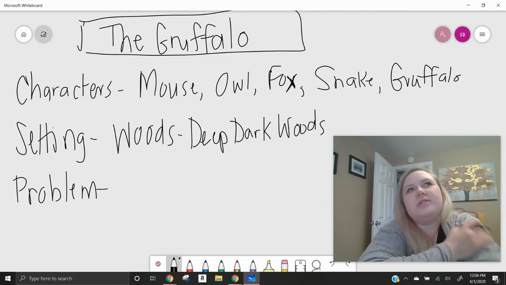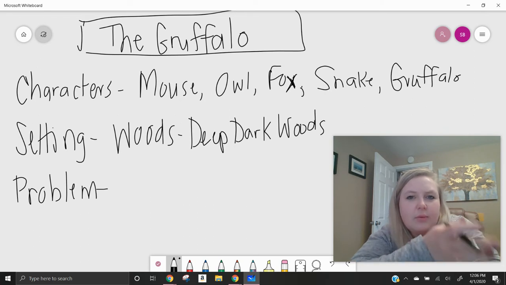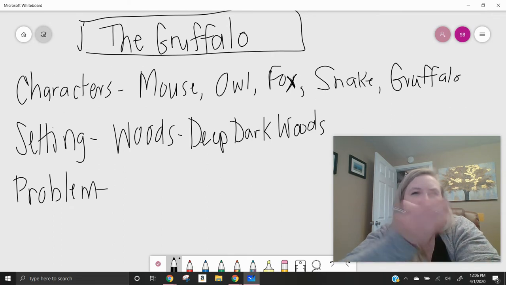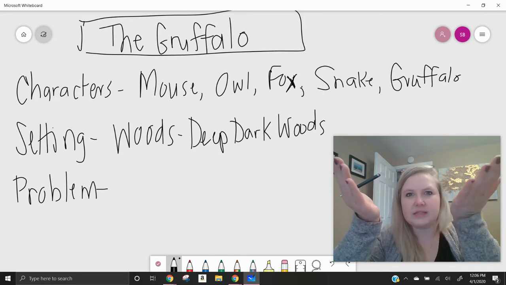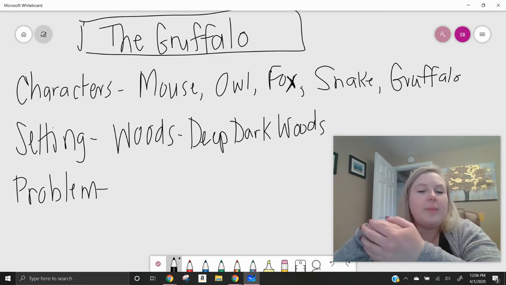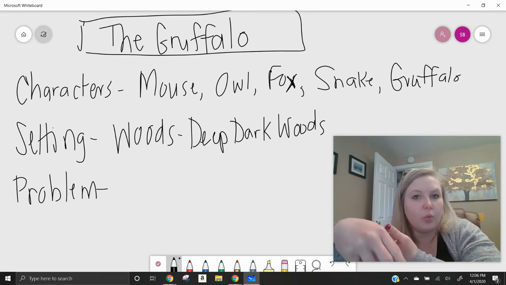And then I started thinking, because that's what he wants. He wants to stay safe. And so if he wants to stay safe, what does that make the woods? That makes the woods dangerous, right? So I go, okay. So the little mouse wants to stay safe in the dangerous woods, right?